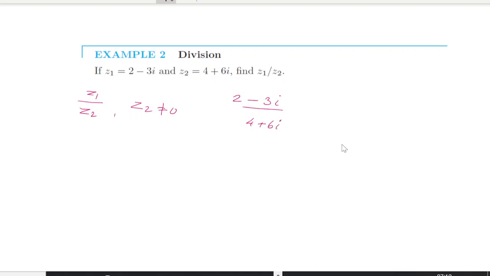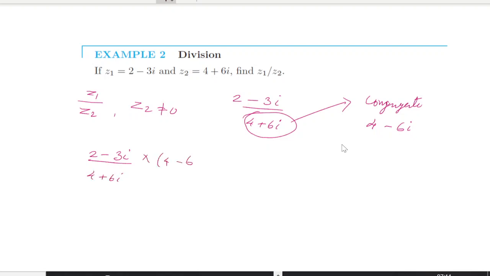You take this quantity, go for its conjugate. Its conjugate is 4 minus 6i. You multiply numerator and denominator with this. So what you're getting is 2 minus 3i by 4 plus 6i into 4 minus 6i by 4 minus 6i. Since you are multiplying and dividing with the same quantity, it will not affect the value of this quantity.